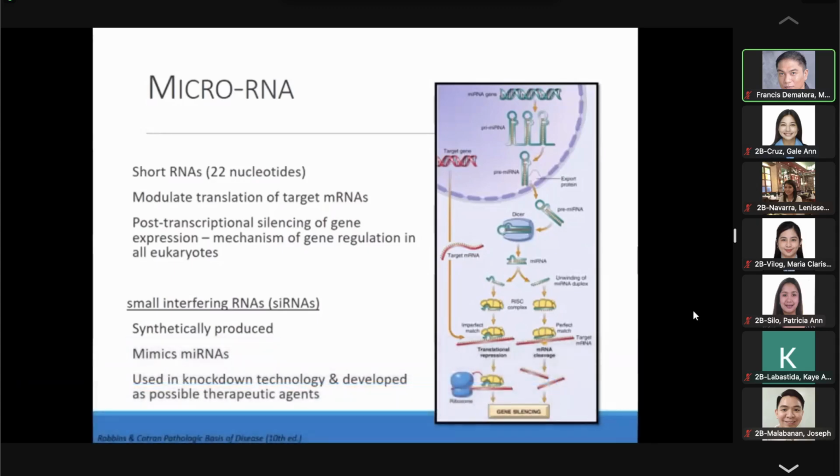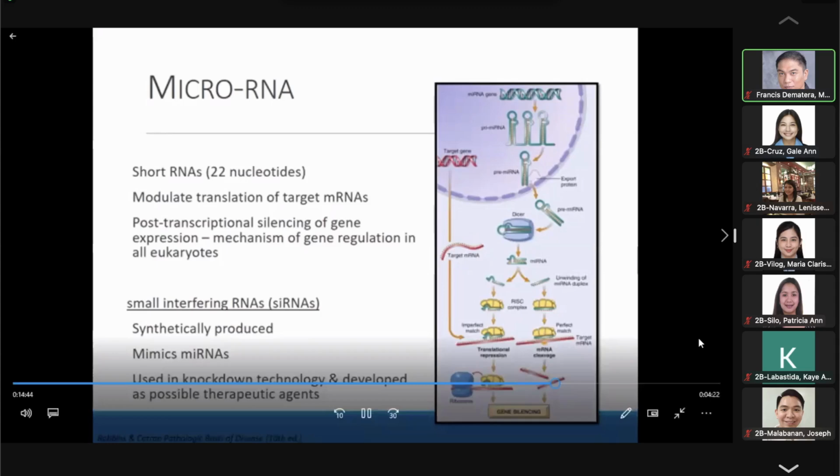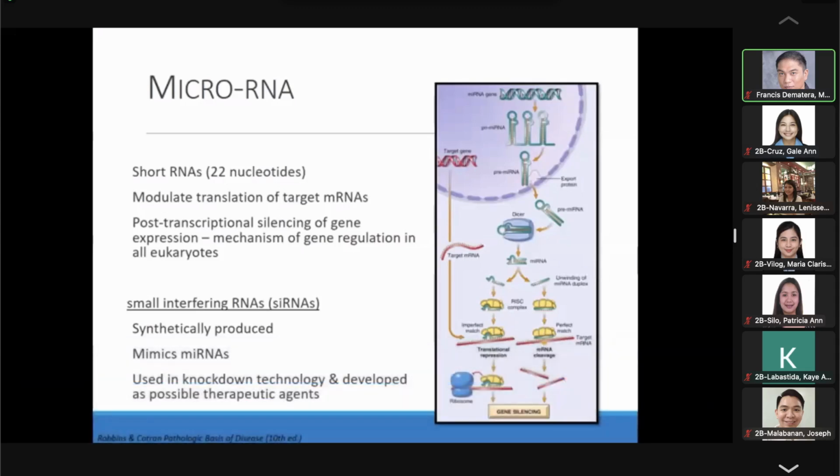So there's what we call knockdown technology, an experimental setup wherein the target genes of interest are knocked down or silenced. So this is where small interfering RNAs come in. These are synthetically produced, and they mimic microRNA, and they are used in that knockdown technology and developed as possible therapeutic agents.